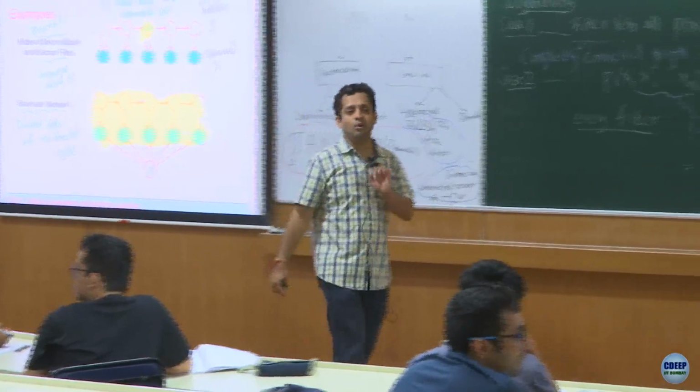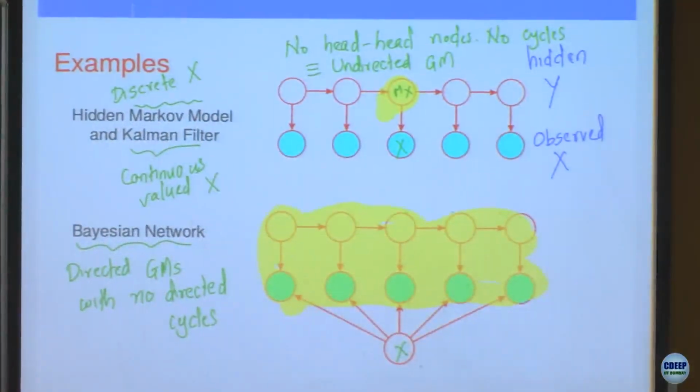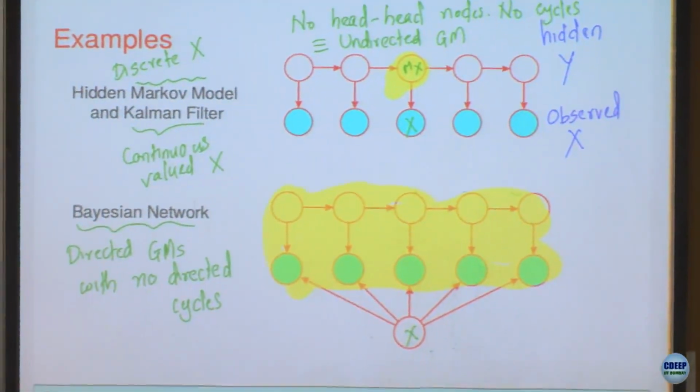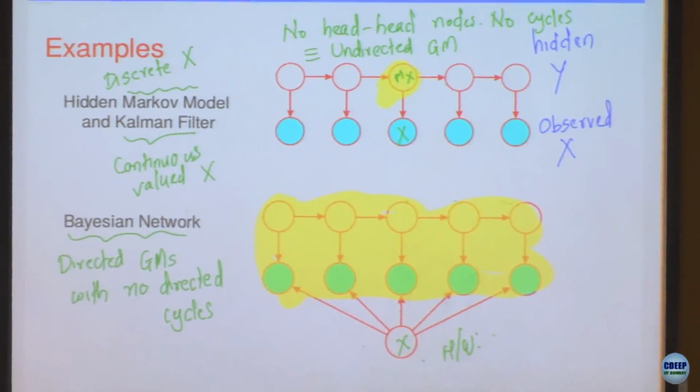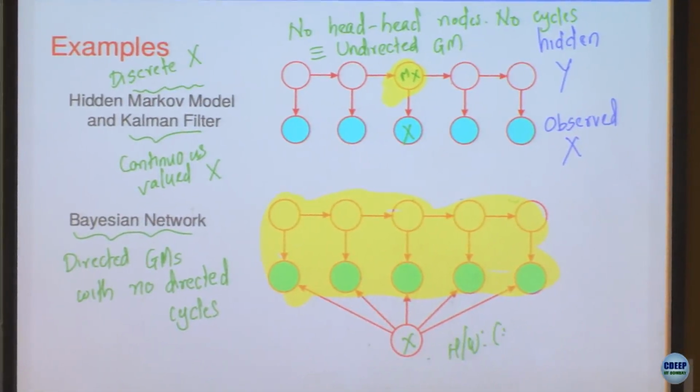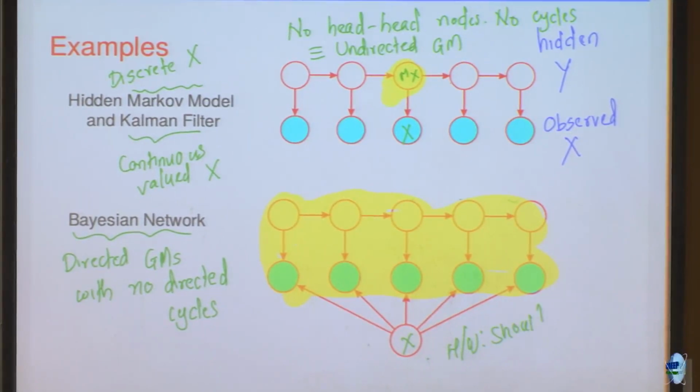So I am going to leave this as a homework problem for you. In this specific case, should it be all nodes or the empty set?